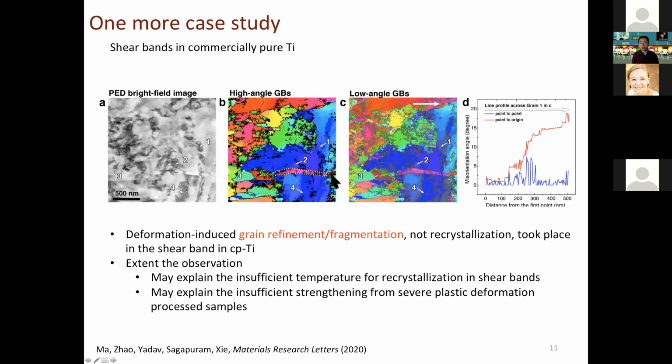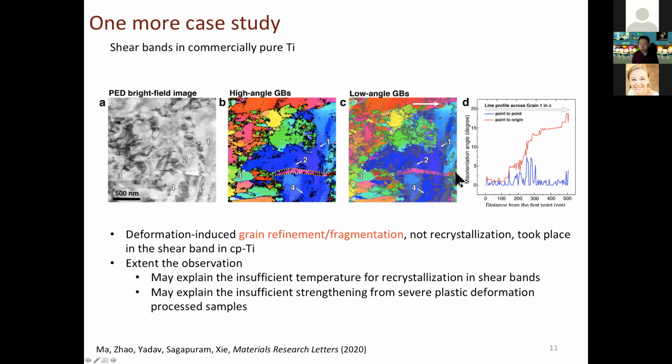Coming back to this micrograph, remember in the previous slide, we did diffraction in the shear band region, and we showed indeed we see near continuous diffraction rings. If those are low angle grain boundaries, why can we see near continuous diffraction rings? Then Xiaolong also did an aligned scan to look at the misorientation.